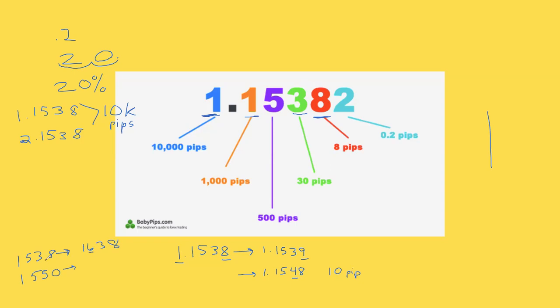The only number that changed was this number right here, that 5, and this is the hundredths place. So you went up 100 pips. This right here was the 1 place, so you went up 1 pip. This was the 10th place, so we went up 10 pips.